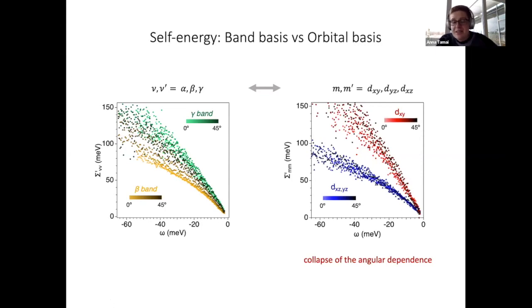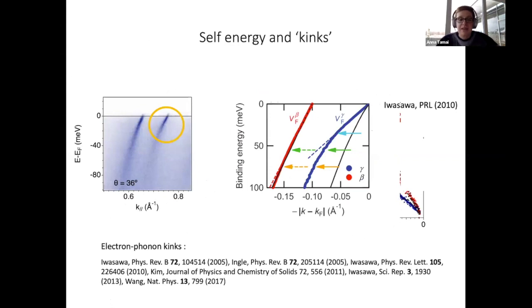Such a frequency dependence of the self-energy produces features in the spectral function that the ARPES community generally calls kinks. So if you look at the data that I show you here, you could, from a certain distance, say, oh, okay, maybe the velocity changes from very close to the Fermi level, then the bands get steeper, and you could infer some characteristic energy scale. This has been done by many ARPES groups that discuss these kinks in terms of electron-phonon coupling, and many are cited here. I give you an example here.